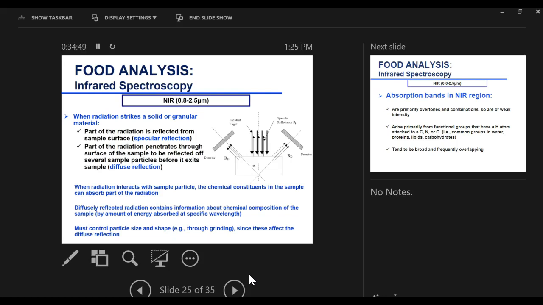That means the light that gets absorbed is absorbed, and the remainder of the light that does not get absorbed gets reflected, and that's what you use to do the calculations and produce the spectra and identification of your sample. With that, you have to control particle size and shape, use thorough grinding, because the particle size and the shape affect the reflectance. So you really want to be careful there.